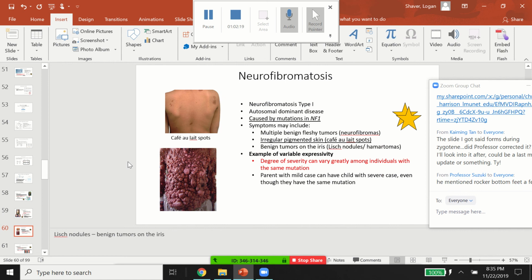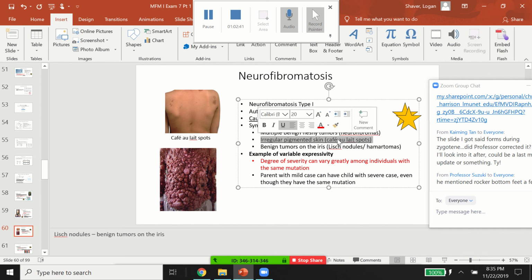And then neurofibromatosis, once again, that's another one you need to know. And notice, just as a reminder, these are all autosomal dominant, so make sure you know that for the TBL and for the exam. So NF1, that's going to be your mutation. The thing that really stands out about this is the cafe au lait spots, I guess is how they say that.